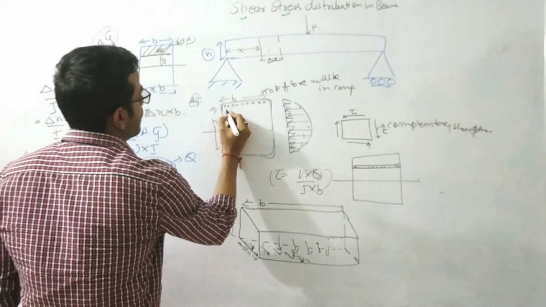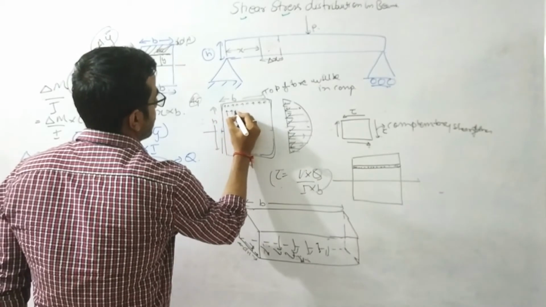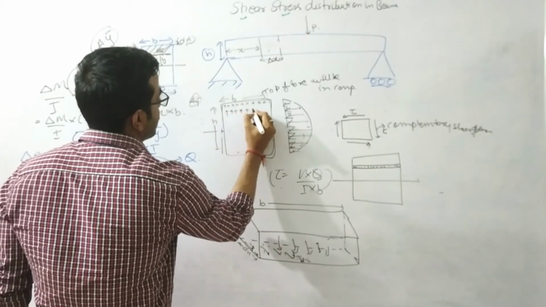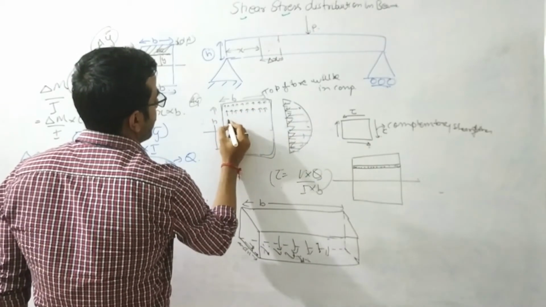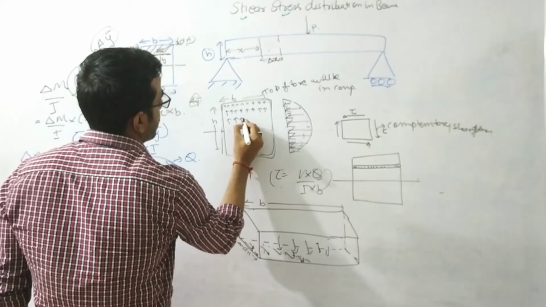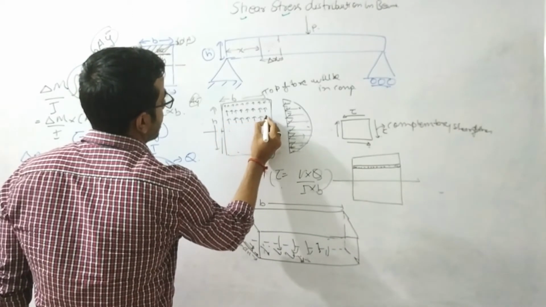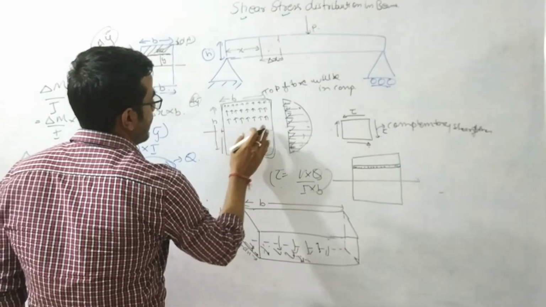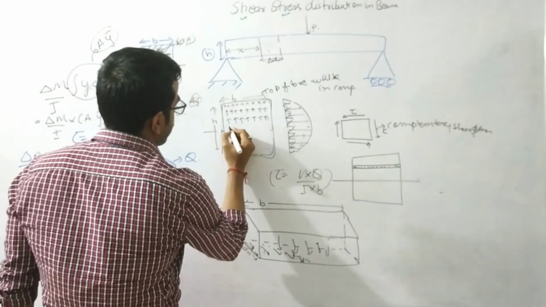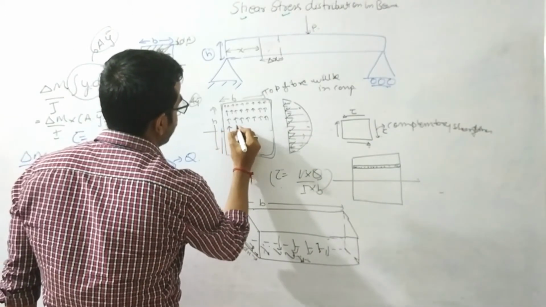When I move a little bit down, the stresses will increase. When I again move down, it will again increase. Then at the neutral axis, it will be maximum.